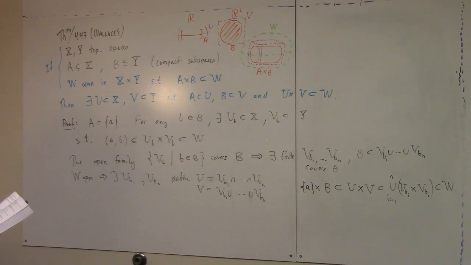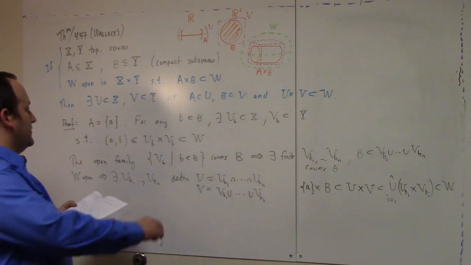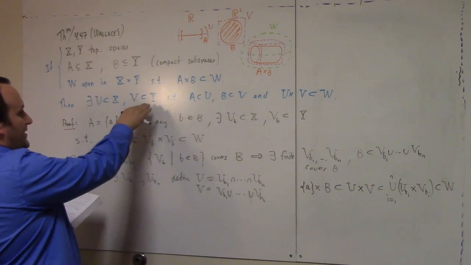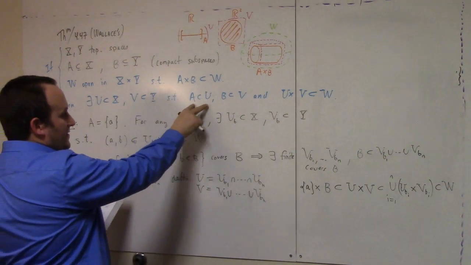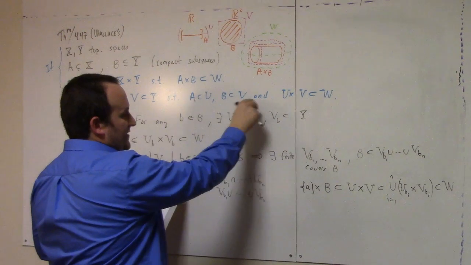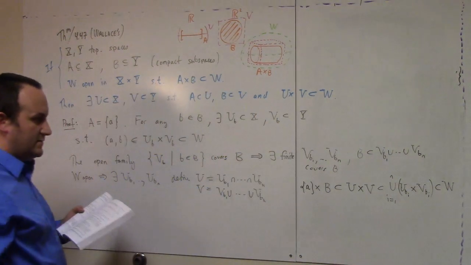Oh, we have the U and V. Oh, okay, so then we've done our job. We found open U and V inside X and Y that contain A and B as advertised, and their Cartesian product is inside the given open set.